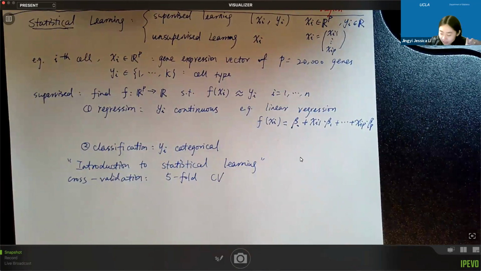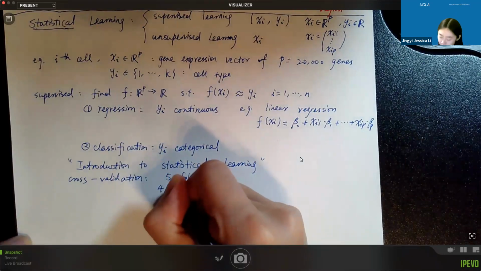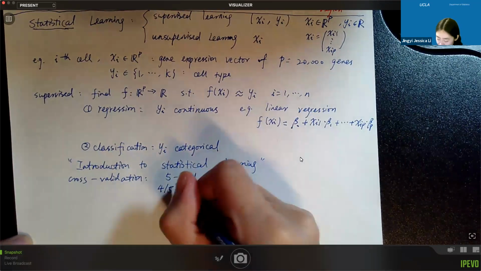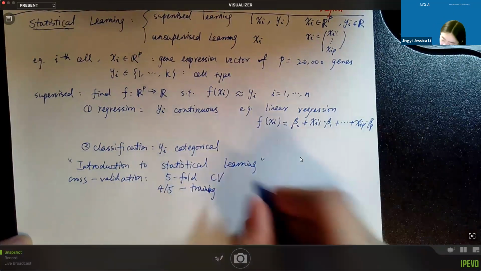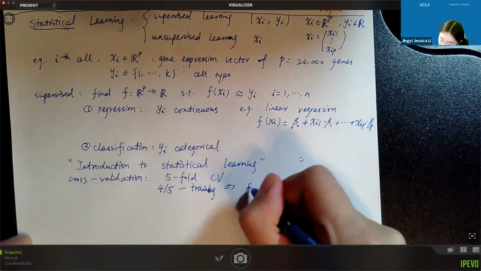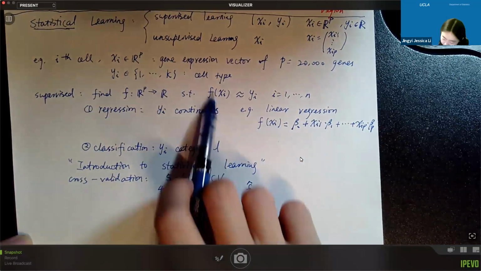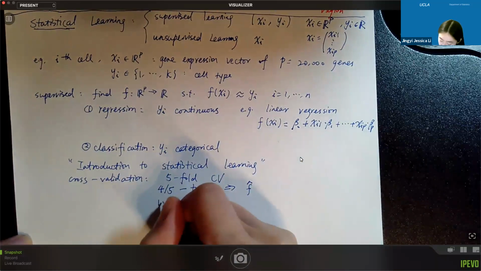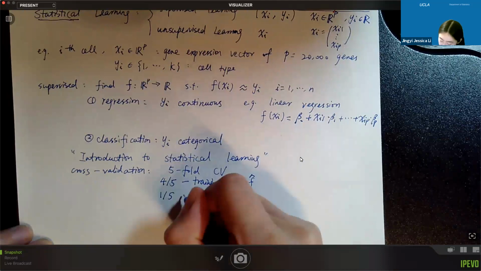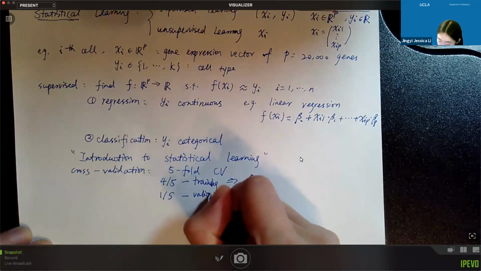Each part contains 1/5 of your observations. And what you do is that each time you use 4/5 of your observations for training, which is to find a function f hat for this purpose. And then given this f hat, you will use the left-out 1/5 for validation.